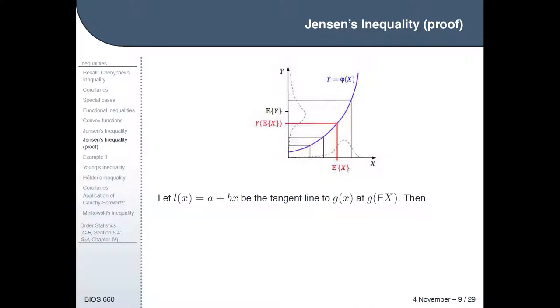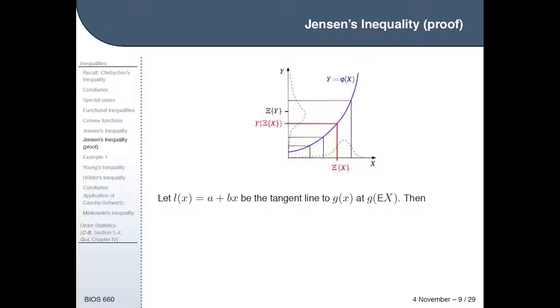And here is the math proof of this. You have the function g of x and g of the expected value of x, which is just some number. If it's a differentiable convex function, then it has a tangent line at this particular point, g of E of x.